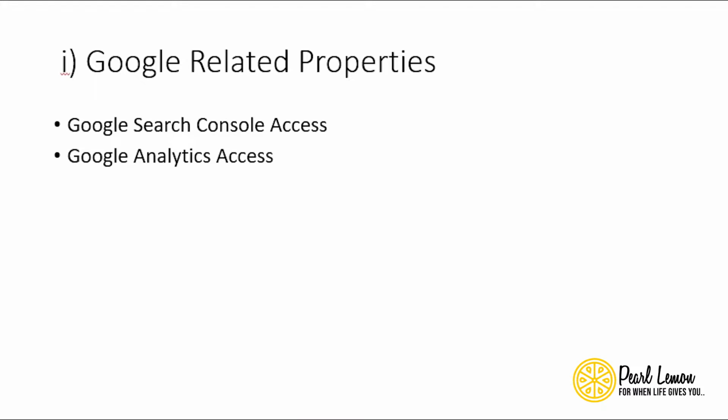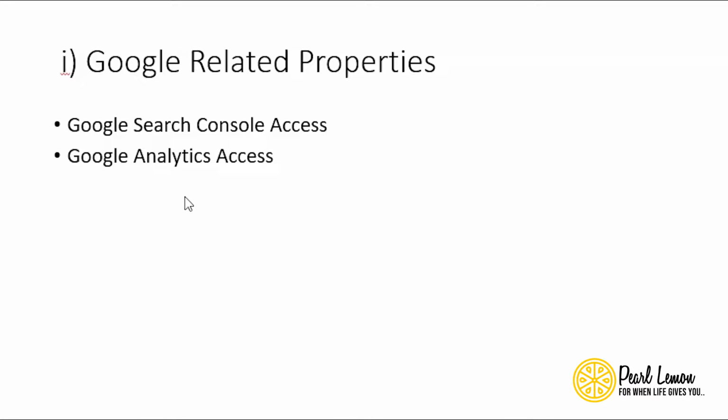So the first kind of information is related to Google properties like Google Search Console. We will require access to Google Search Console. It should probably be administrative access, with full permission to do anything, but we can be fine with restricted permission as well, as far as I know.